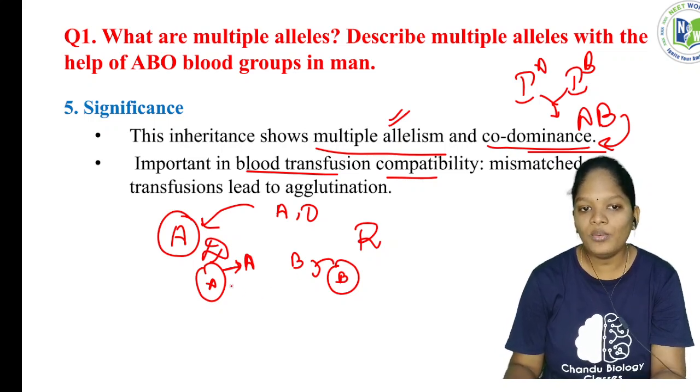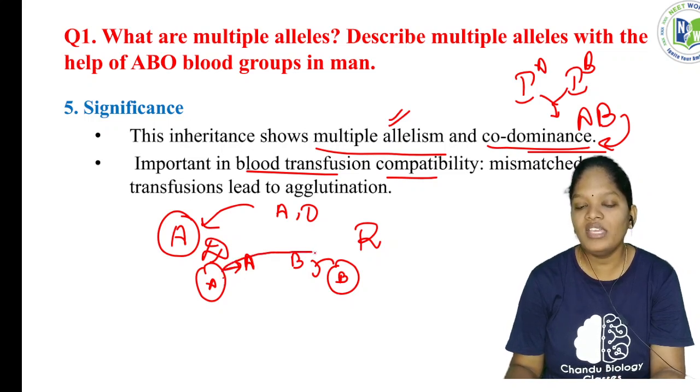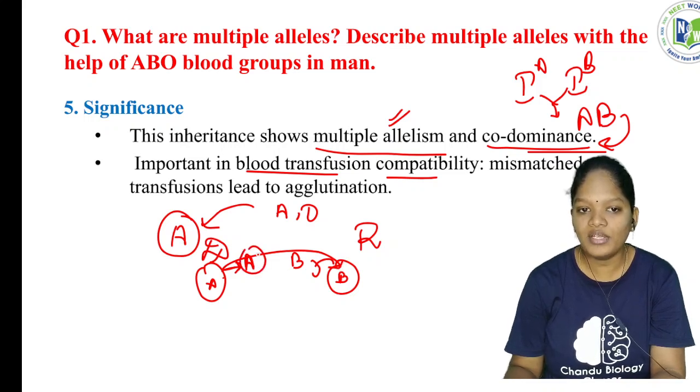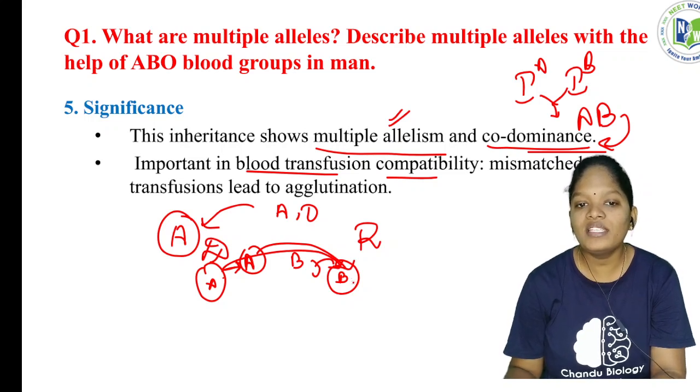Now whenever a donor with the A blood group gives his blood to the person having the B blood group, the antigen present in this A blood will enter the body of the person having the B blood group. Now what is the name of the antibody present in the plasma of the B blood group?